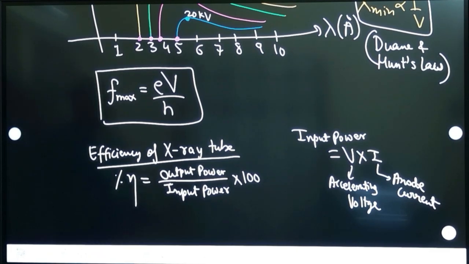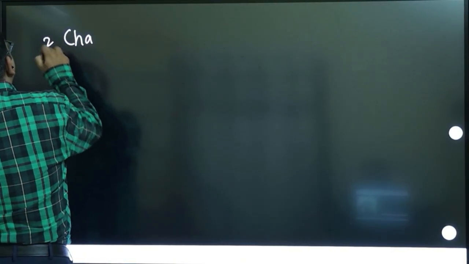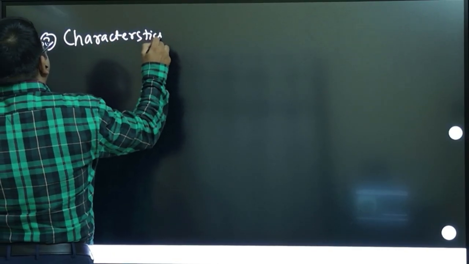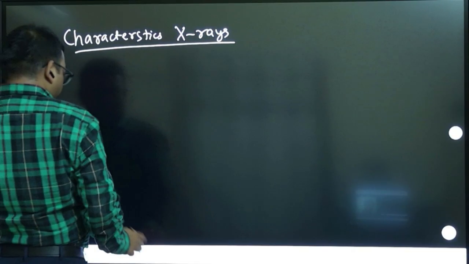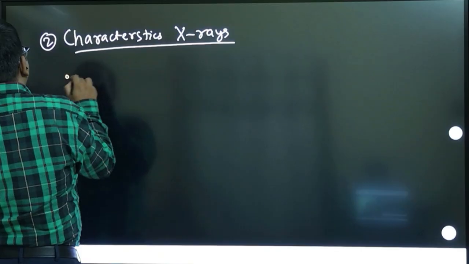Then next is characteristic wavelength or characteristic X-rays. Second type, characteristic X-rays. What are characteristic X-rays?